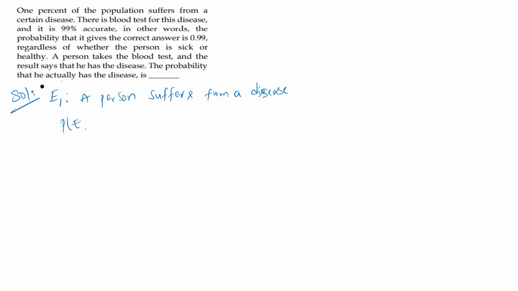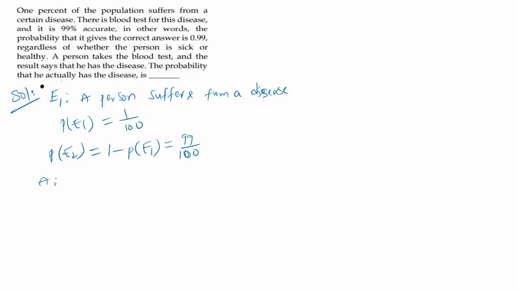That means 1% means what? 1 by 100. Now remaining all are what? Not having the disease, the complementary. That is 1 minus P of E1. 1 minus 1 by 100 is what? 99 by 100. 1% disease means remaining all are healthy only. That's the meaning of the complement part.